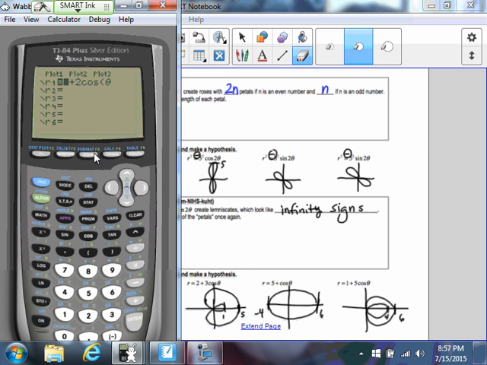But if I switch these and do a 2 here and then a 3 here, it looks a little bit different. See if you can tell the difference. Maybe you need to zoom in a little bit. You can hit zoom in as 2 and then hit enter, and you can see there's a little loop in there. I'm going to go back to my standard, so zoom 6.